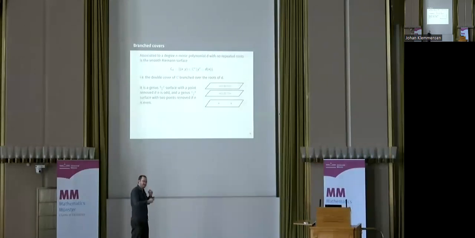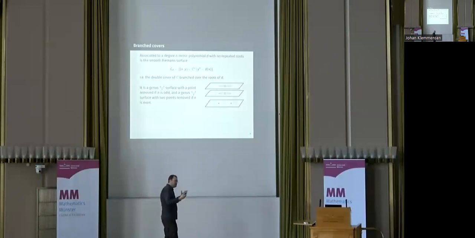You can't draw this embedded into three-dimensional space, and so it's very difficult to think about. But that's just a picture of the branch cover with 2 points. As you see, well, you can't quite see, but you can see that it has two boundaries, sort of two ways to escape to infinity. And you can't really see that it has genus 0, but it does have genus 0 if you think about it.